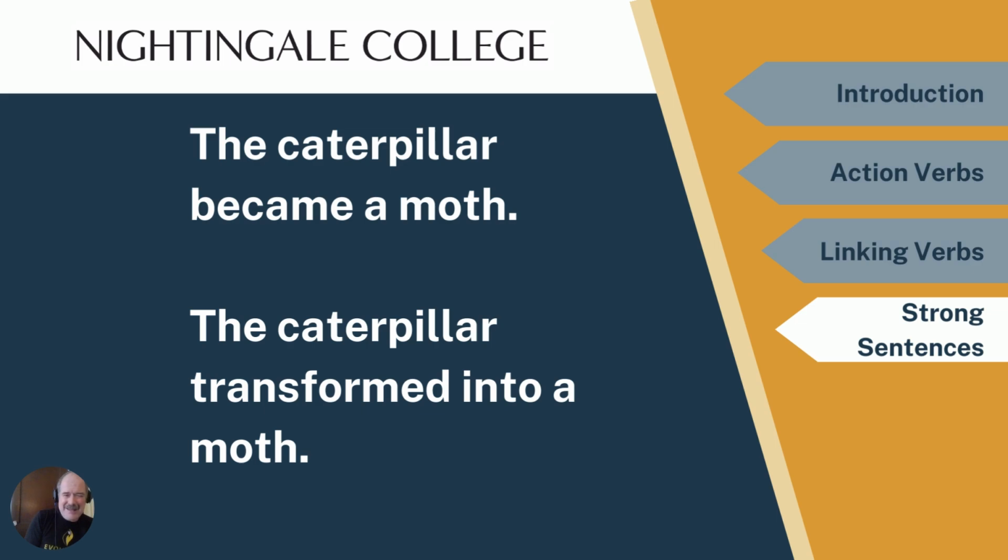It doesn't paint as clear of a picture. The caterpillar transformed into a moth. Transformed, action verb, into a moth, prepositional phrase, so we're getting the idea of what it's describing. Transformed is a much more picturesque and powerful word than became. So there's a preference for the second sentence.